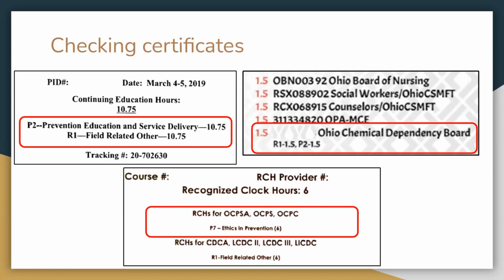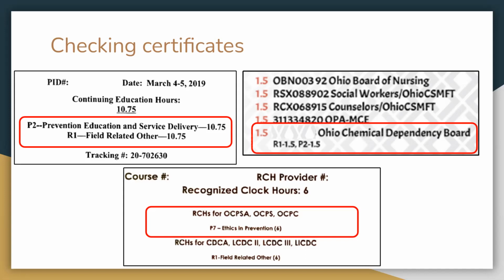What you're looking for is something that'll say P and then a number. So if you look at the top left, it says P2, Prevention, Education, and Service Delivery 10.75. That means that was approved for the P2 content area, which is called Prevention, Education, and Service Delivery.